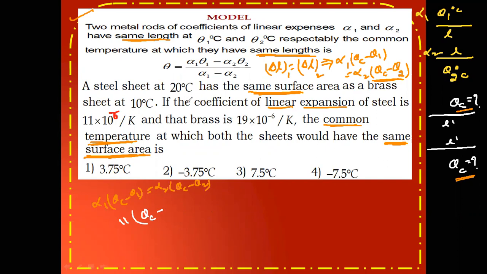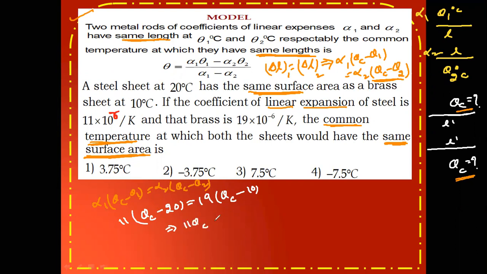Here I am taking the steel value, so for steel theta 1 is 20. Just you should take care. Alpha 2 is brass, so 19 into theta c minus theta 2, and for brass it is 10. So calculate this value.